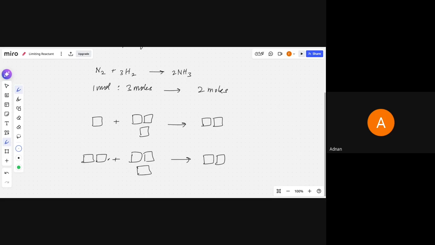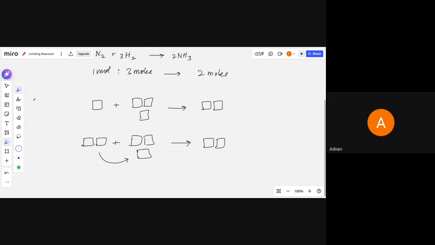Because when 1 mole of nitrogen gas reacts with 3 moles of hydrogen gas, this hydrogen will be gone, right? So 1 mole of nitrogen is gone, 3 moles of hydrogen is gone according to the balanced equation, and we were able to make 2 moles of ammonia. And now 1 mole of nitrogen gas is left behind as an excess reactant.